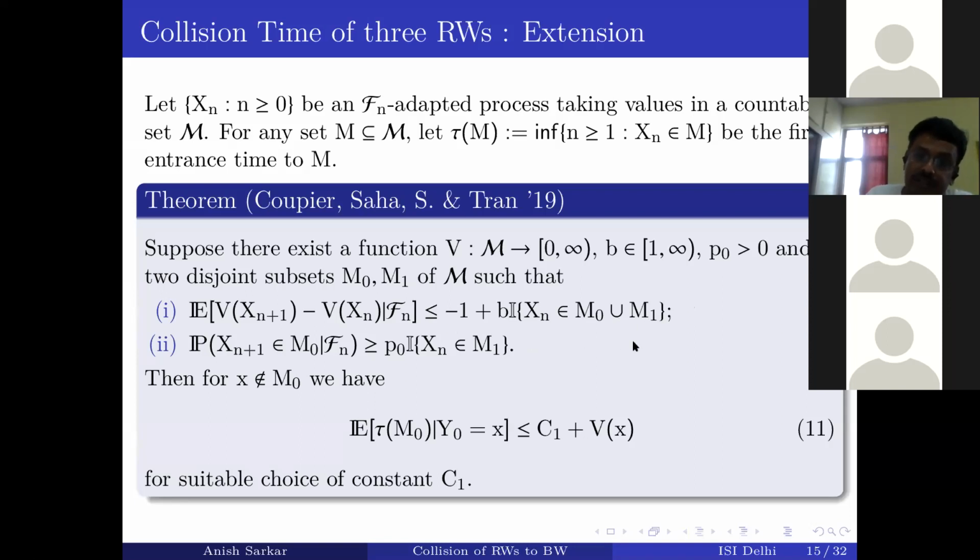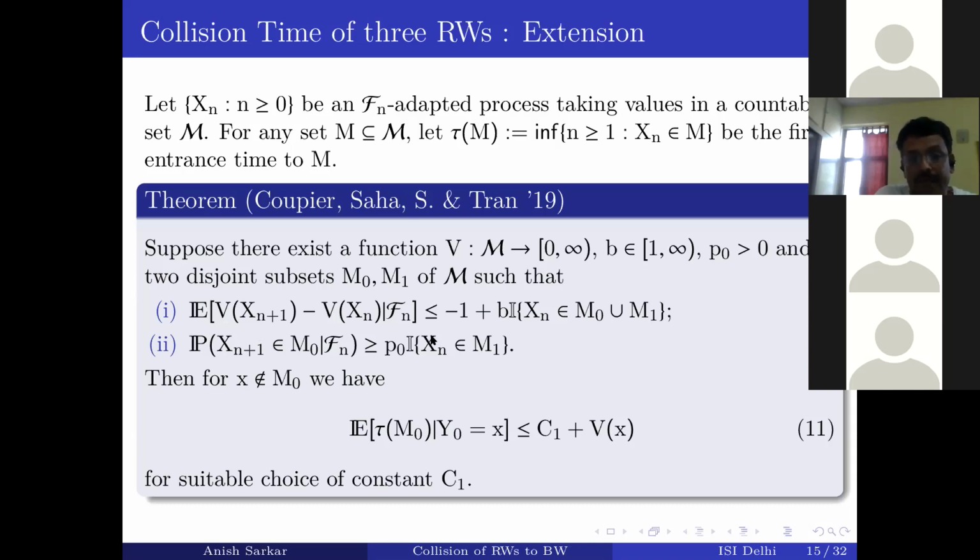There will be some dependence. This is saying that when I look at this function v of X_n, it is attracting, so every time you are reducing. But when the random variables are in certain sets, this may not happen, and on those sets we say it is not going to happen.